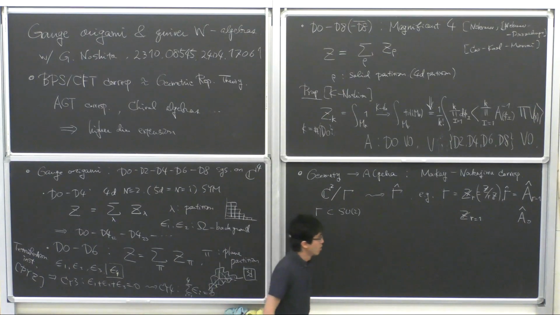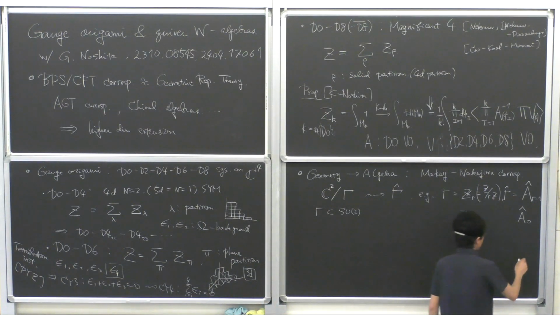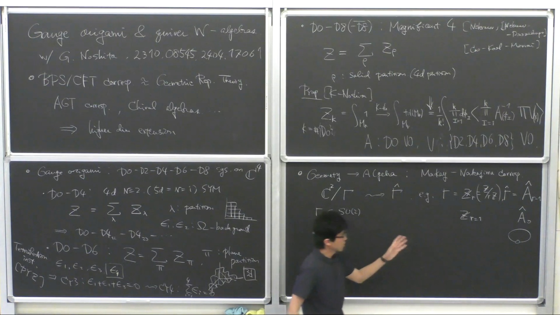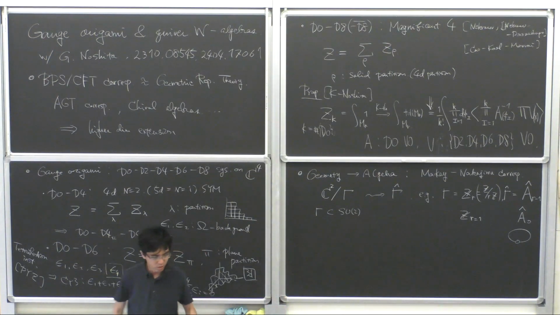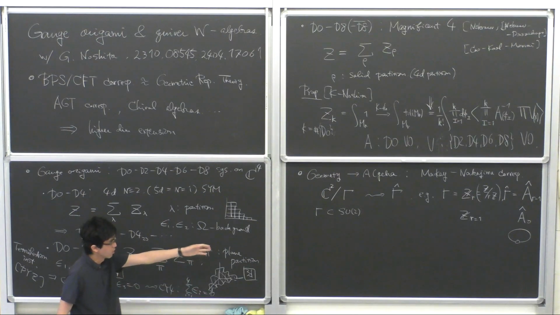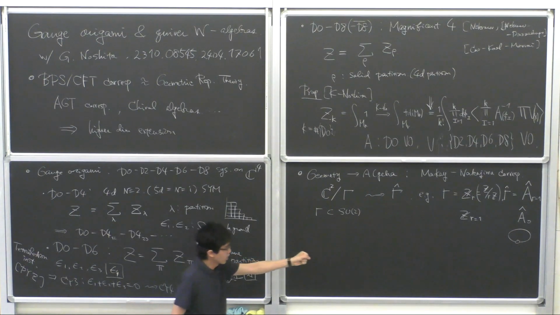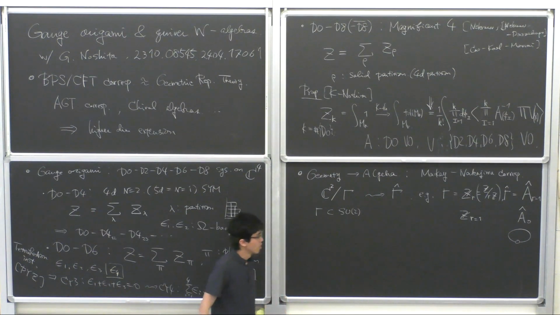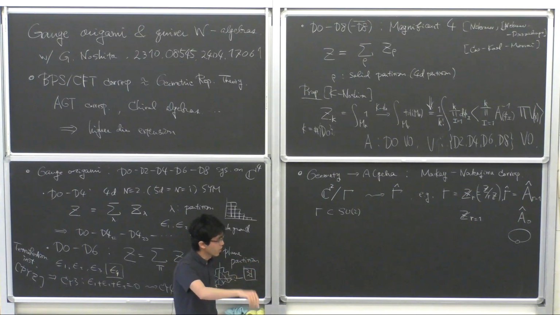What is it? The A0 hat quiver is something like this. It looks trivial, but this quiver has only an affine node, that's it. But this is a cyclic quiver, so we have a loop.